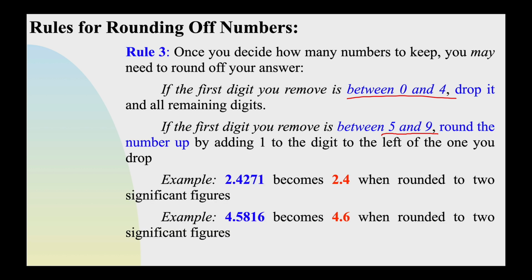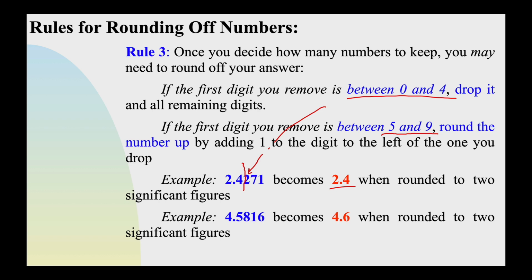So let's say we have 2.4271 that we need to cut off at 2 sig figs. The 2 and the 4 will count, but the 271 get cut. So we look at the first digit to be cut, which is the 2. Don't look at the 7 or the 1, only look at the 2. 2 is between 0 and 4, so you leave it alone. The answer is 2.4.